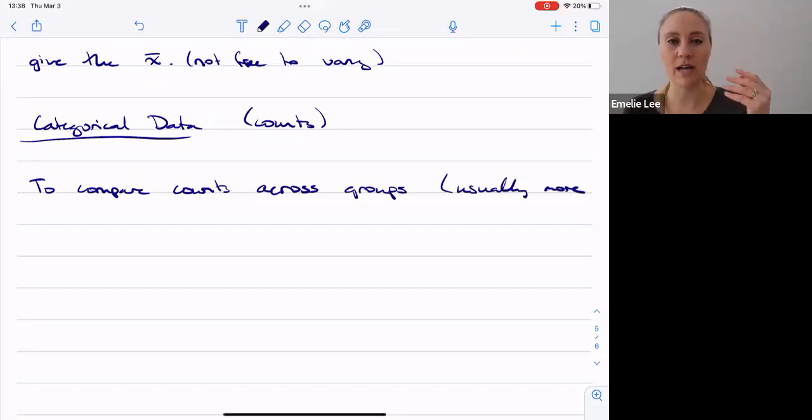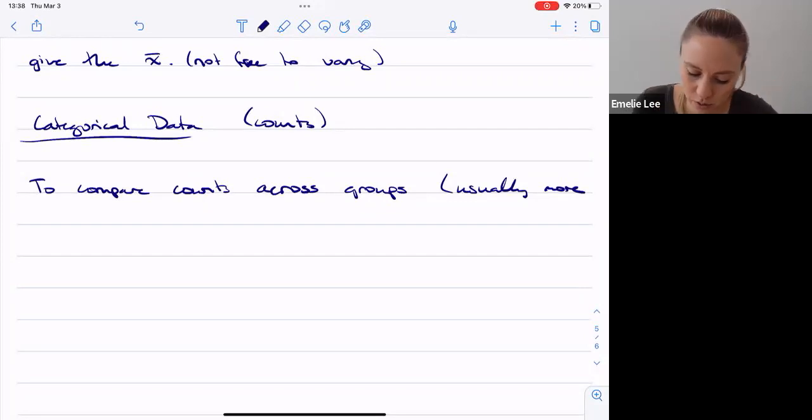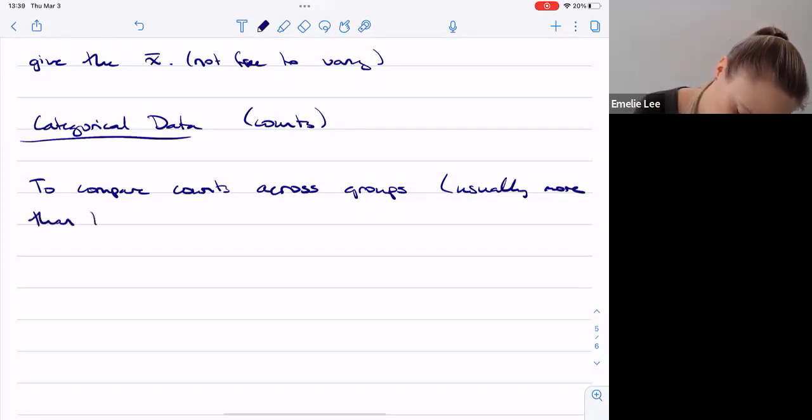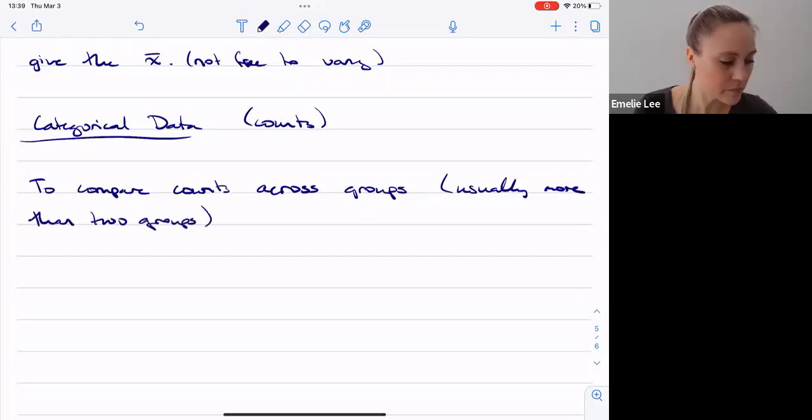But what we'll find is that the Z test for comparing two proportions that we've used in the past ends up, and even in the R code, I think they just use a chi-squared test anyways. So they're very similar for the two groups, so it just depends on what you want. But to compare counts across groups, usually more than two groups, we use a chi-squared test.